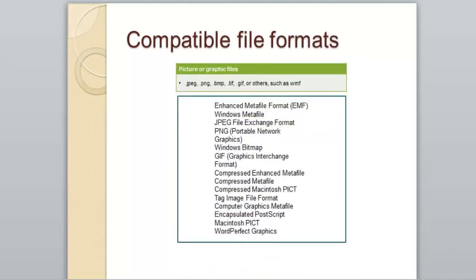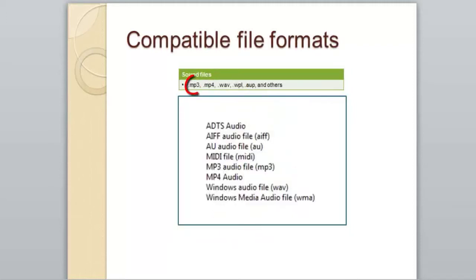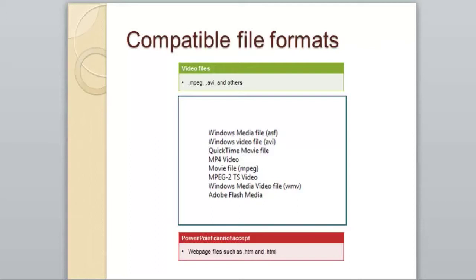For pictures or charts, the compatible formats are .jpeg, .png, .bmp, .tiff, .gif, and a few others. For sound, the formats are .mp3 and .mp4, .wav, and a few other compatible formats. Finally, compatible video formats include .mpeg and .avi.